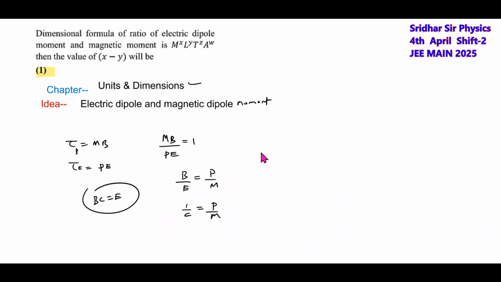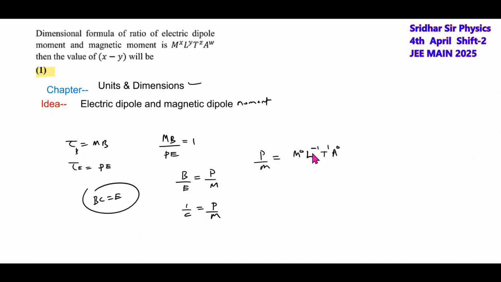So the dimensions of P by M should be equal to L minus 1 T, M0, M0, L minus 1, T1, and regarding ampere it will be 0.